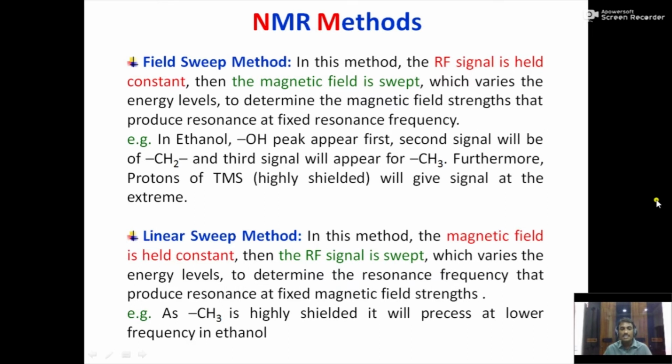That's why its signal will appear first, then the signal of CH2 will appear, then the signal of OH appears in the NMR spectrum. If you consider TMS, then first the signal of TMS will appear, then CH3. In case of ethanol, CH3, CH2, and then OH.